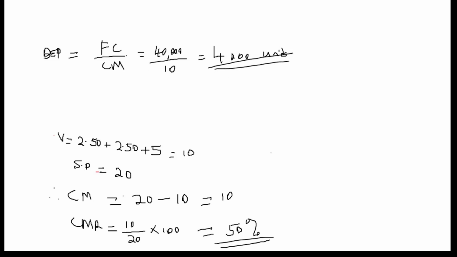Correct? 4,000 units. Now we need to determine our sales. So the break-even point in sales is equal to 4,000 times 20. 20 is the selling price.